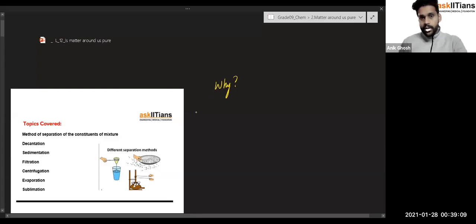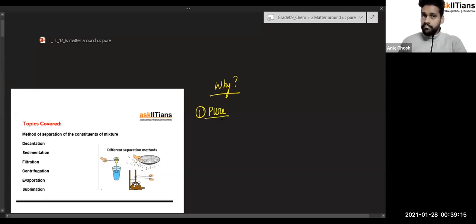So why do we need this separation of mixture in the first place? The question that comes to your mind is, why do we need to separate the mixtures? First of all, the main reason is to make it pure, isn't it?